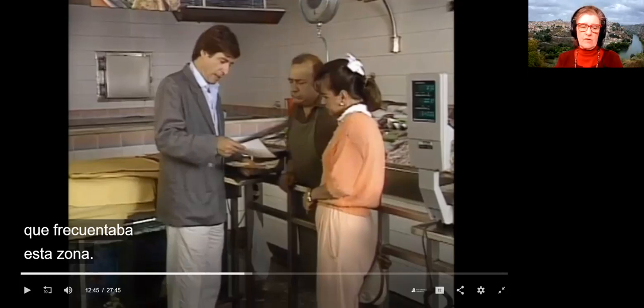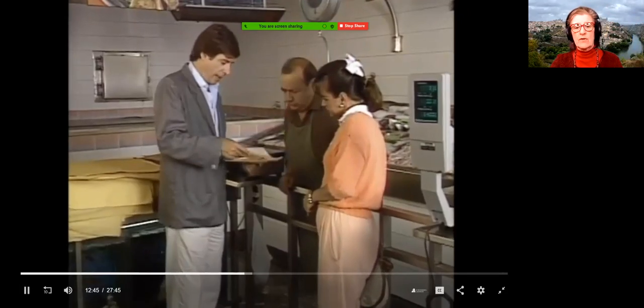Esta zona. He frequented this area. He hung around here a lot. Frecuentar would mean to frequent, to hang around someplace. And because he used to hang around here, it's frecuentaba. It's imperfecto. He used to do this.